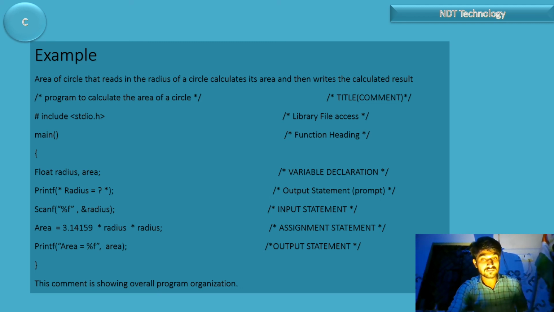And then we have to show the area output, so we put the printf statement. After compiling this program, the compilation will be successful and the program runs. The area of the circle will be shown according to the value of the radius. If you type 5, the value will be 78.398. If you type 6, the value will be 113 and so on. So this is a program to calculate the area of a circle according to the value of the radius.